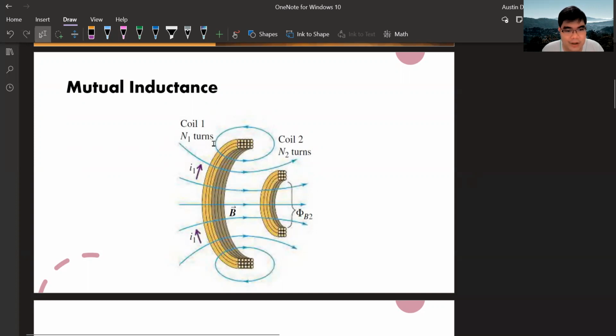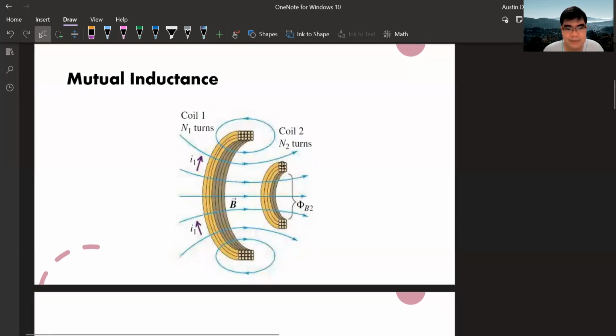Meron nagpo-flow na current sa coil na ito. And syempre, when we have a coil of wire and when we have currents, we have magnetic fields. So si coil 1 ay nagpoproduce ng magnetic field B. Now, meron tayong katabing loop. Therefore, this loop experiences a flux kasi meron siyang enclosed na area and merong magnetic field na nagpa-pass through sa kanya.